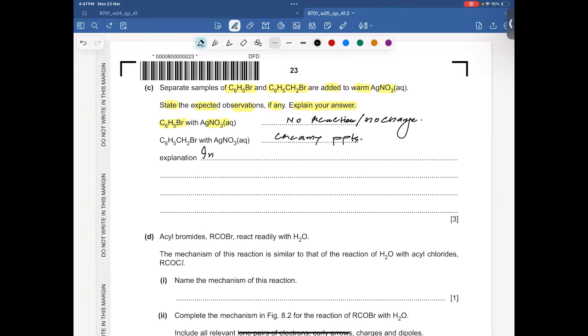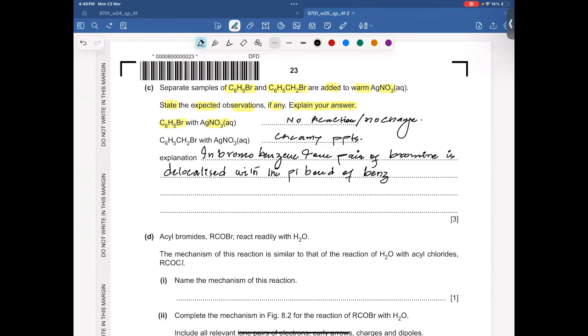In bromobenzene, the lone pair of bromine is delocalized with the pi bond of benzene, and this makes the carbon-bromine bond stable.